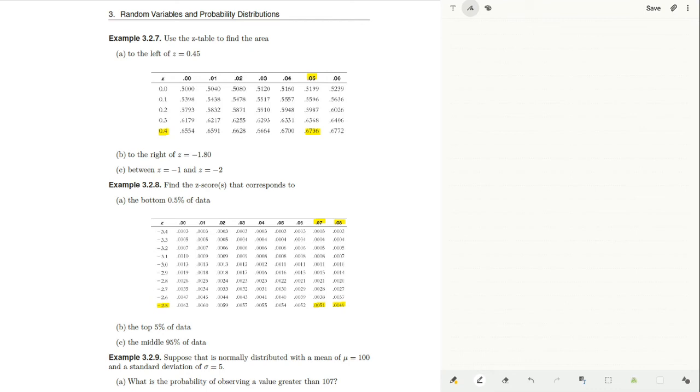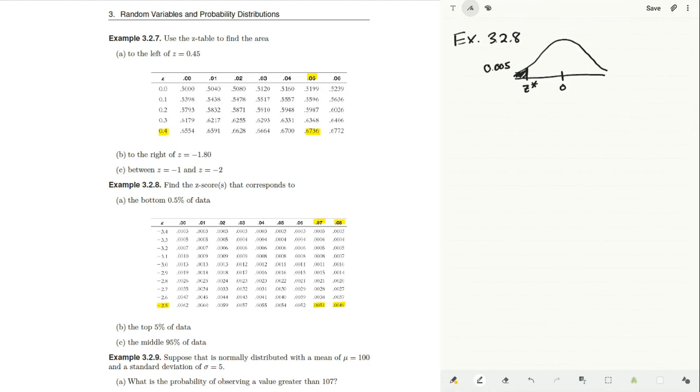So let's first draw our region, and we'll call the z-score that we're looking for z star. So the bottom 0.5% as a decimal is 0.005.